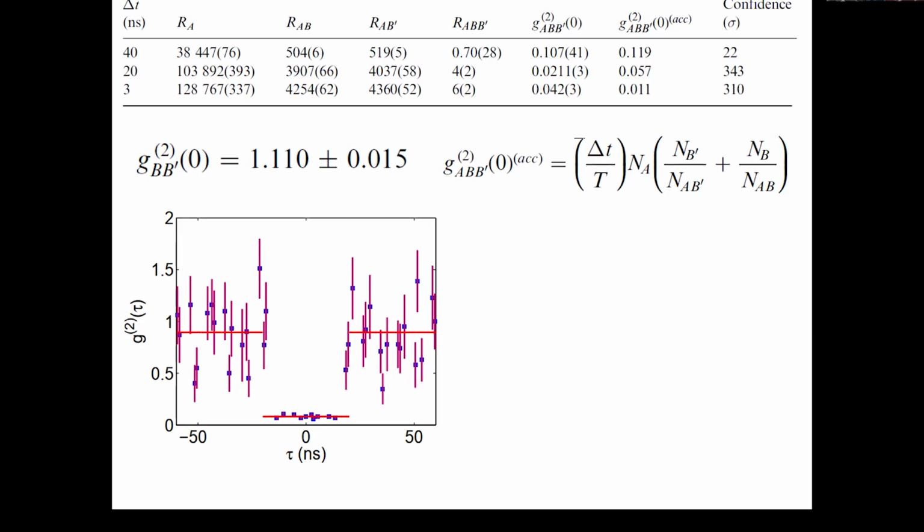But we can express the state of one arm. It is a coherent state, alpha, with some factor here.